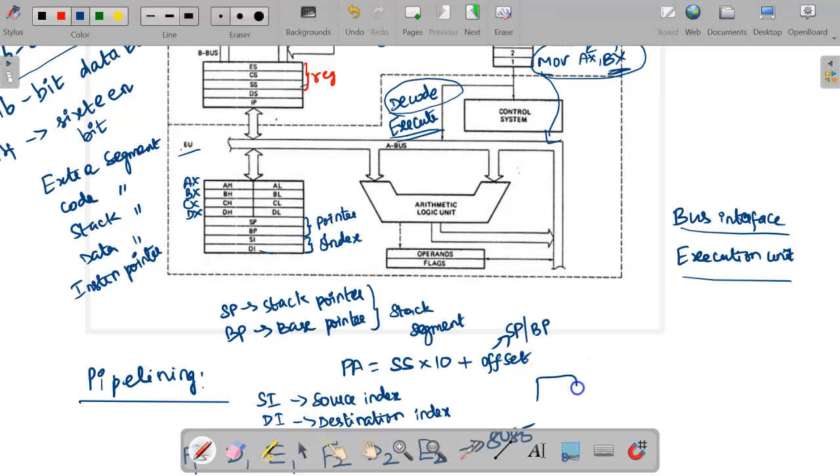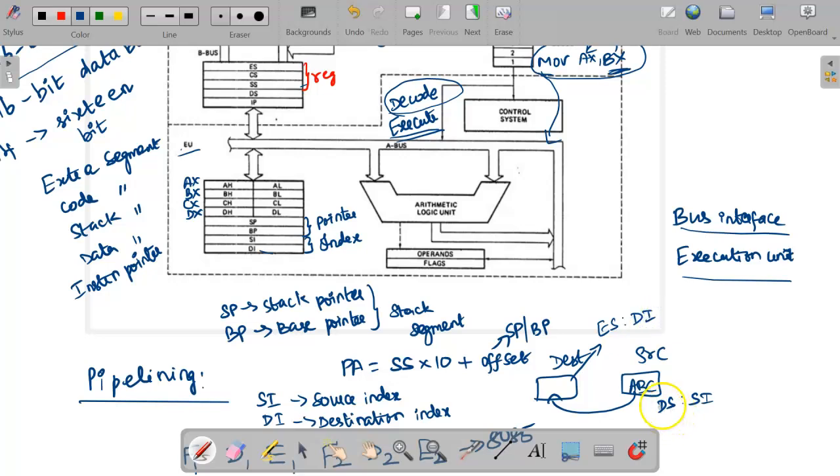That is, when we are copying the string called ABC from source to the destination, this source address is pointed to by DS and SI. The destination is pointed to by ES and DI.